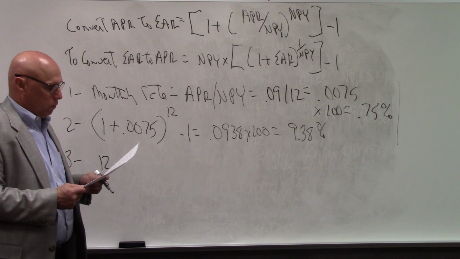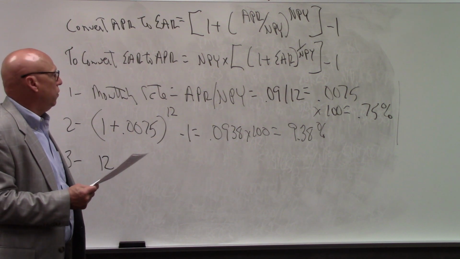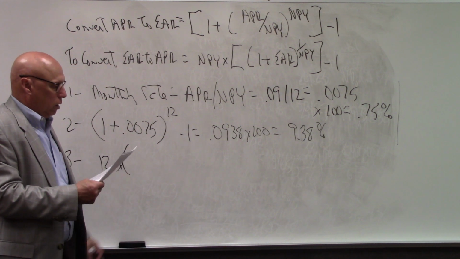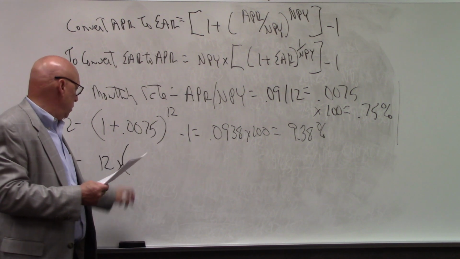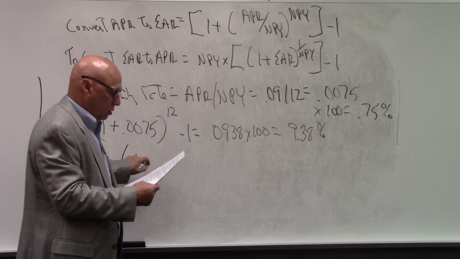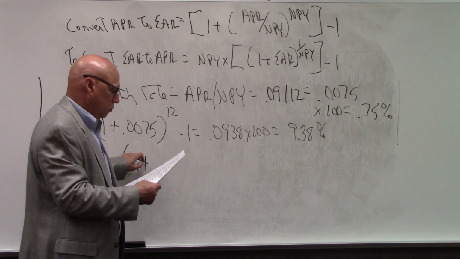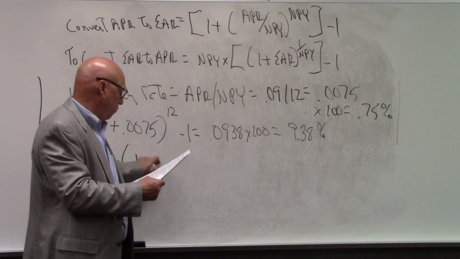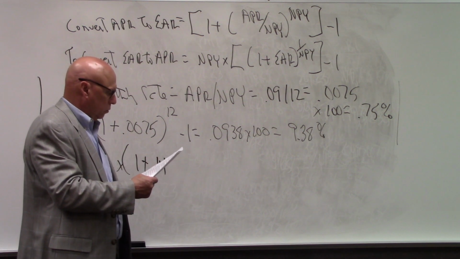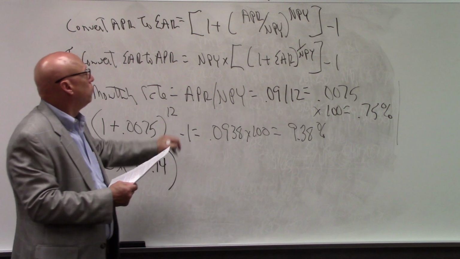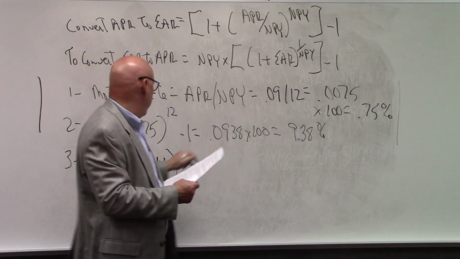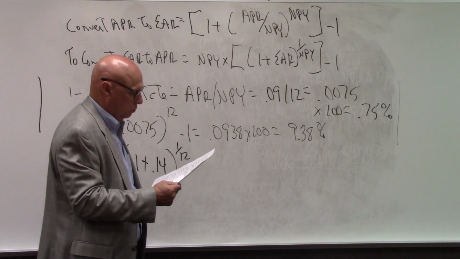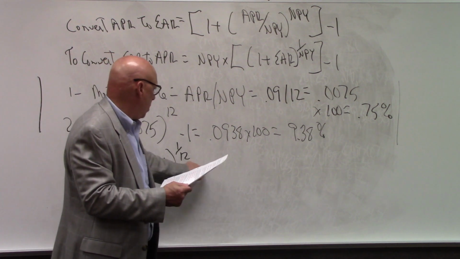Okay, it's compounded monthly. 12 times 1 plus the EAR, 0.14, raised to the 1 over 12, minus 1.